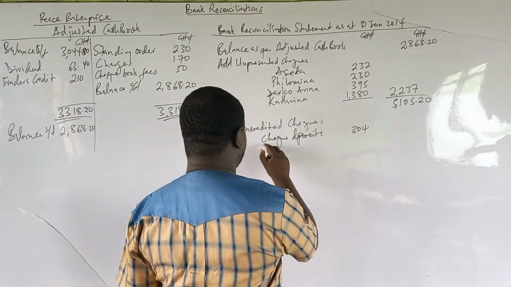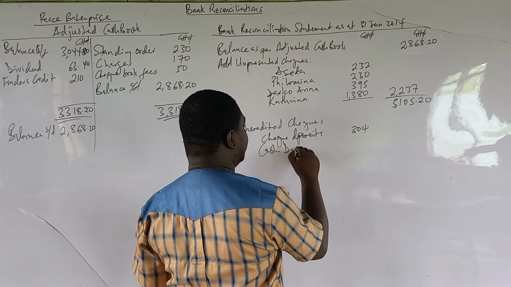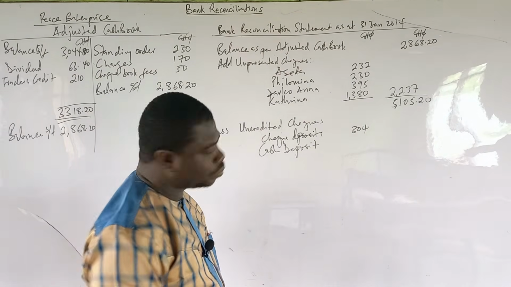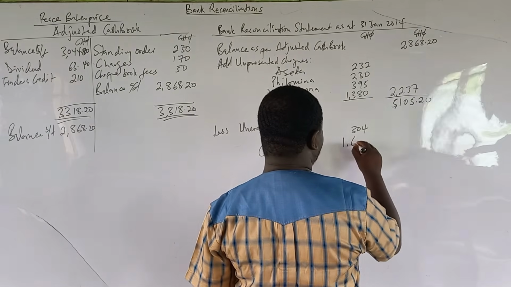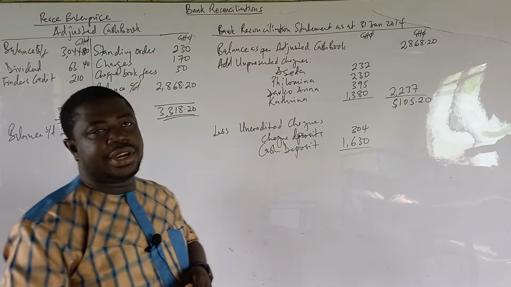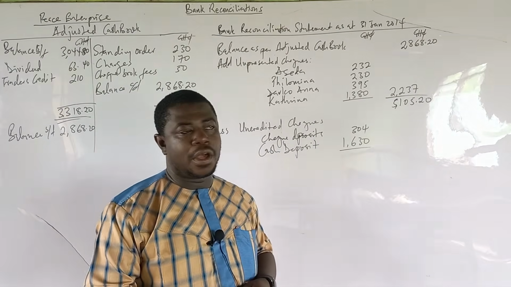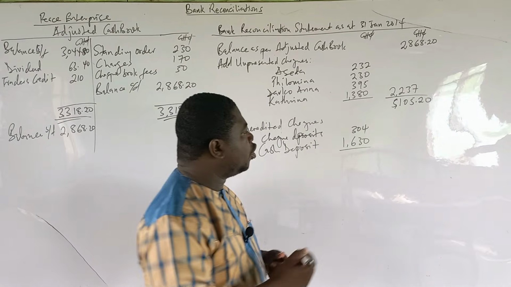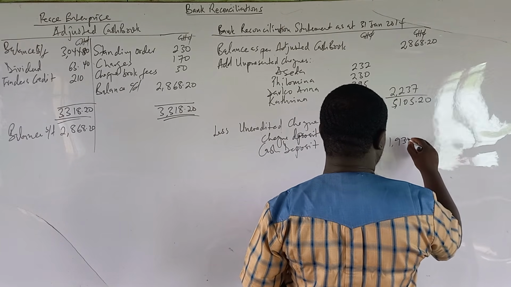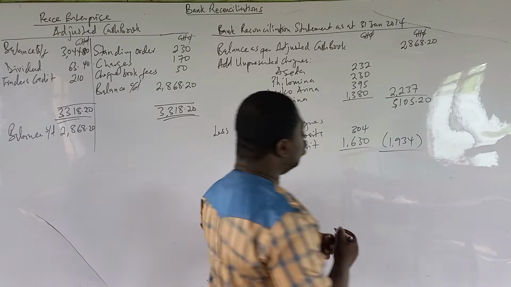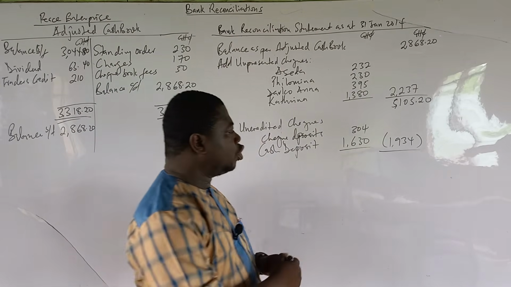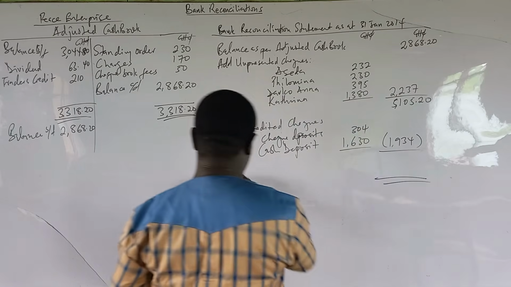And then also there was a cash deposit that was not credited. So it should be treated the same way, at a value of 1,630. So these were our 2 uncredited items. And it's going to give us a total of 1,934. So we are actually subtracting the uncredited checks from the total here to give us the balance as per bank statement.